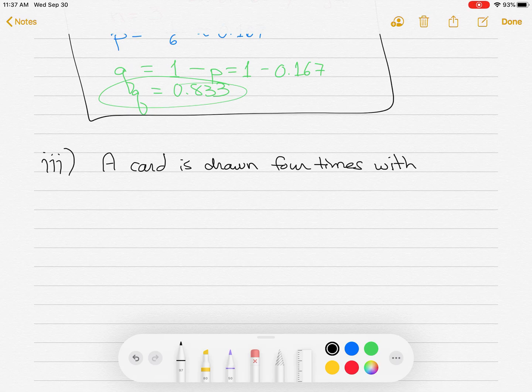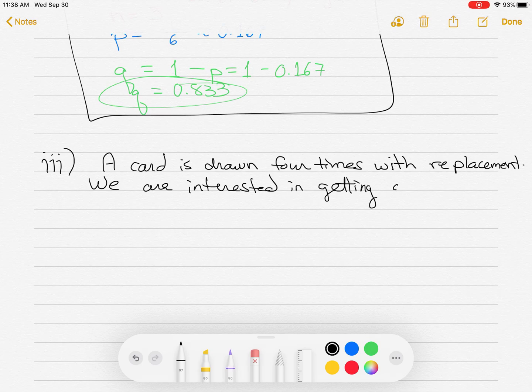That means we take out a card, we put it back. We take out a card, we put it back. We take out a card with replacement. We're interested in getting an ace. We are interested in getting aces.